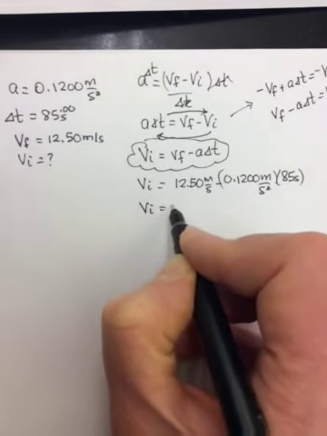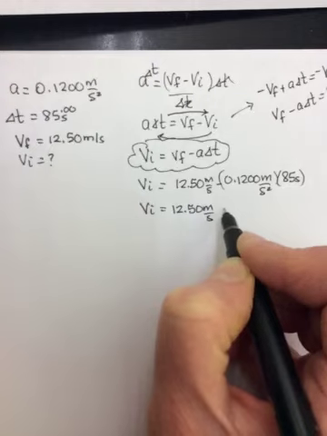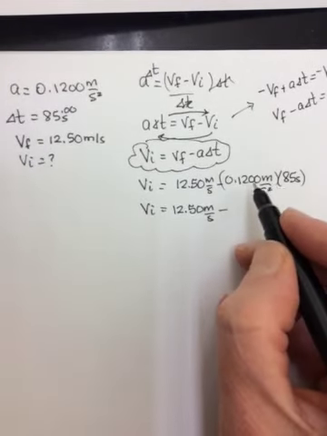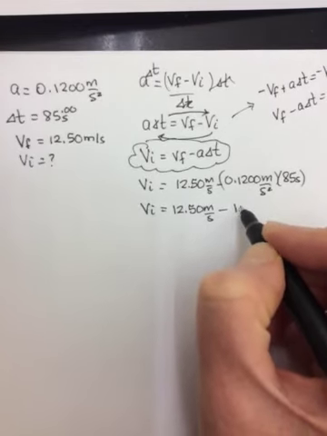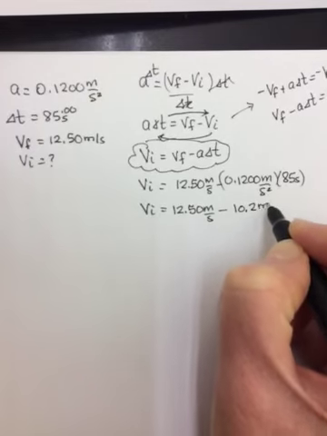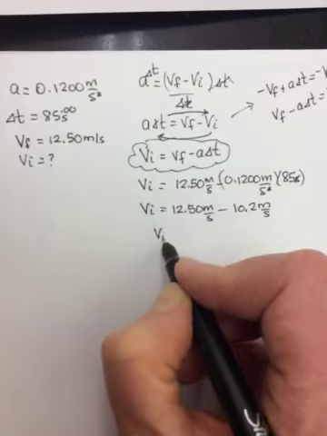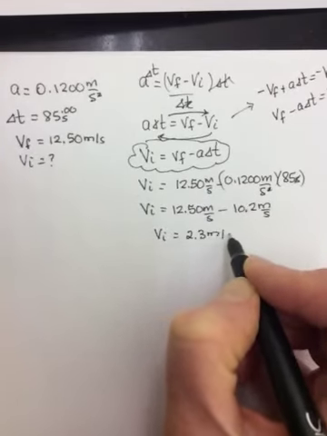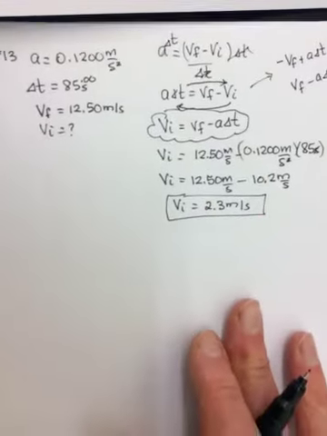So VI equals 12.5 meters per second minus 85 seconds times 0.12, which is 10.2 meters per second, because one of the seconds cancels. Subtract this, and you get VI equal to 2.3 meters per second. Okay, so that was their initial velocity.